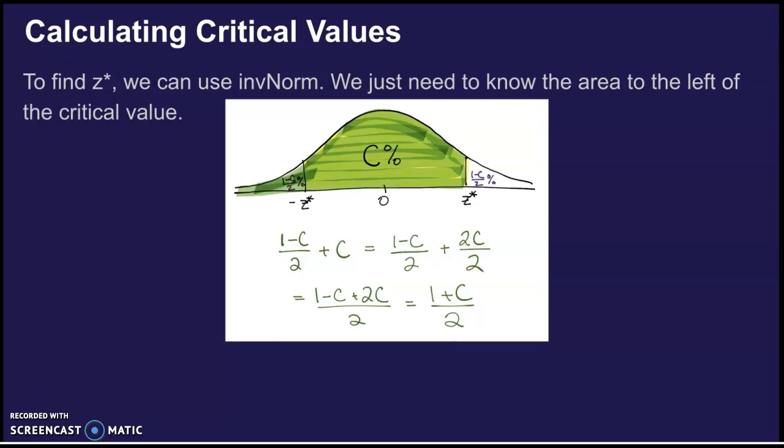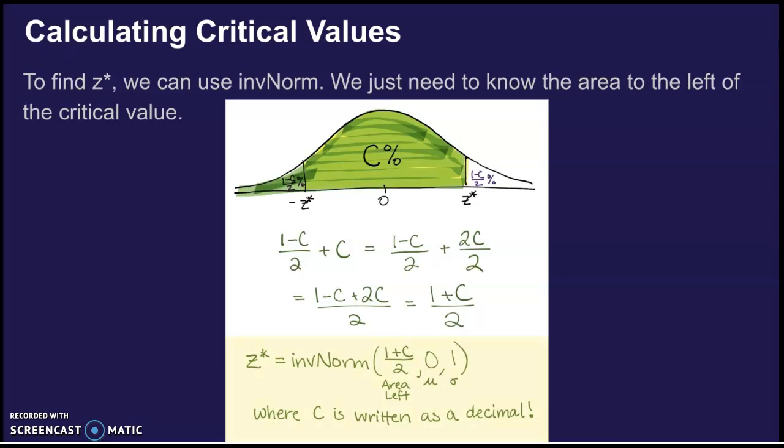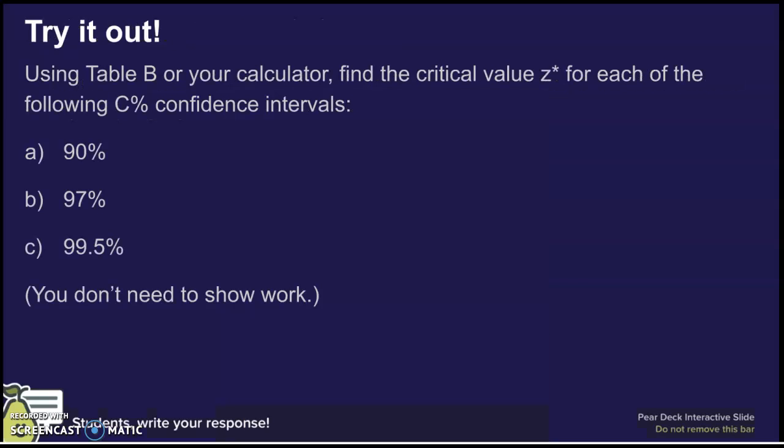So you can either do 1 minus C over 2 or 1 plus C over 2 and do inverse norm for that value. C will be written as a decimal, obviously, because we're looking at a proportion under a curve, and proportions are always between 0 and 1 inclusive.